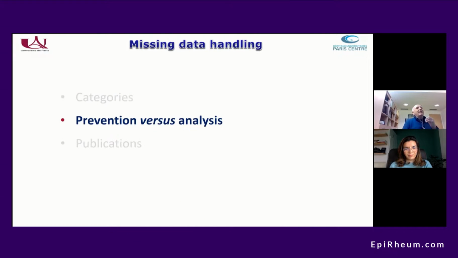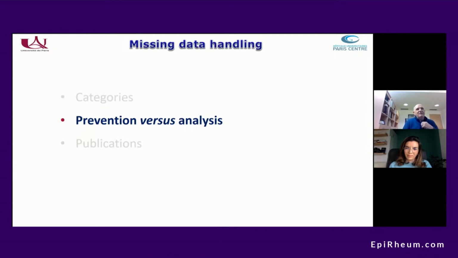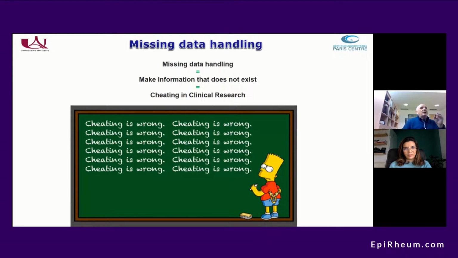But before how to handle, I would like to emphasize the most important, at least in my view, concerning the missing data: it is not how to analyze the missing data, but how to prevent. And in order to understand why the prevention is important, it's very simple. What do we mean by missing data handling?